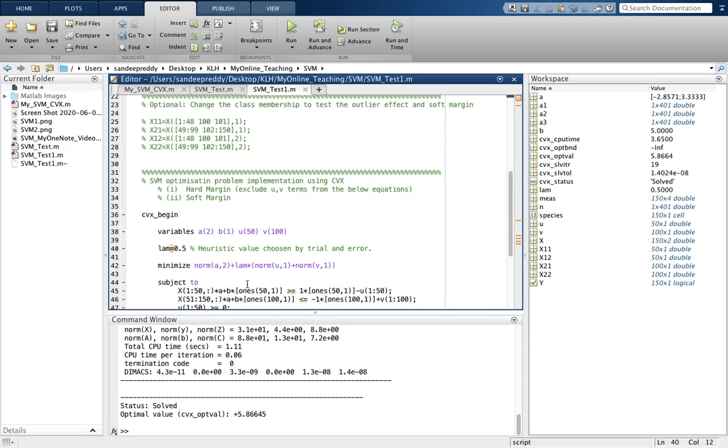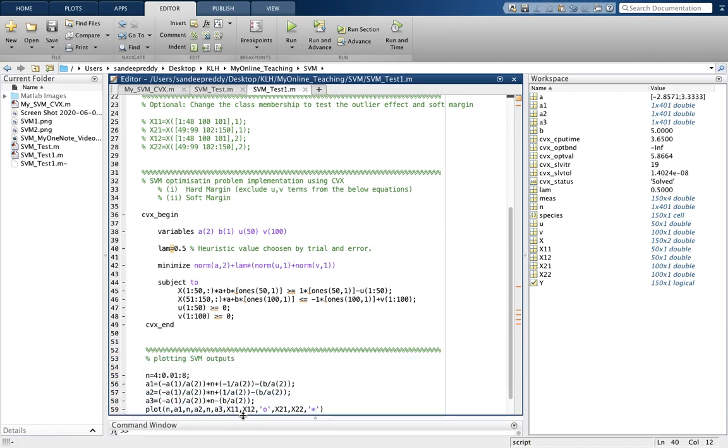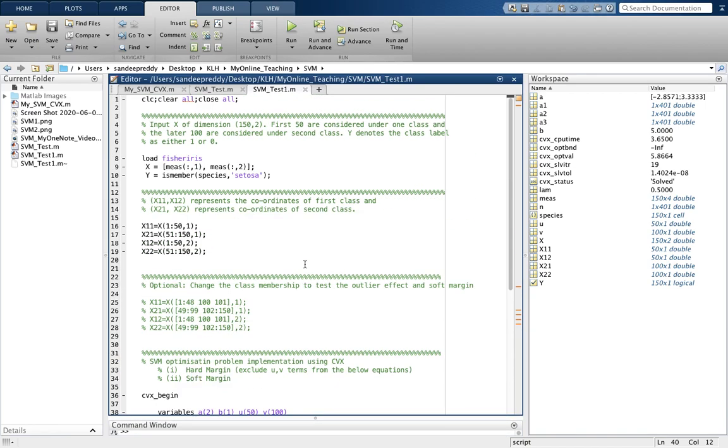So here, let me give an introduction of what is going on. X is from the fisheriris dataset, which is built into MATLAB, and it's a 150 cross 2 dimensional dataset. First I have loaded the input. These are all input data vectors.